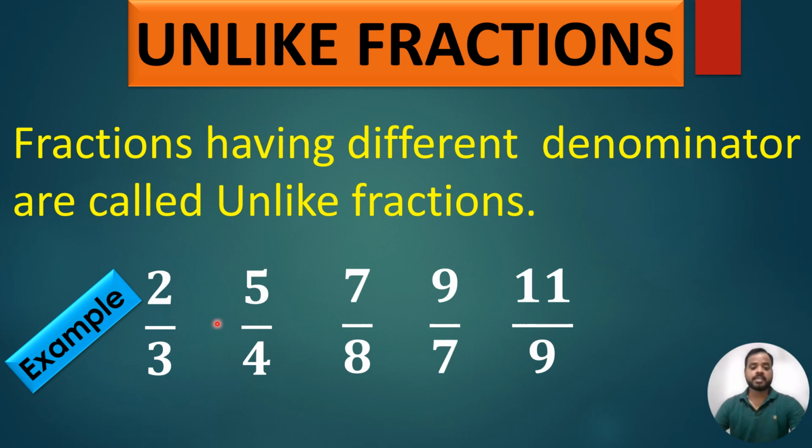Here the fractions given are 2 by 3, 5 by 4, 7 by 8, 9 by 7, 11 by 9. So here we see all denominators are different: 3, 4, 8, 7, 9. All denominators are different. Therefore, they represent unlike fractions.